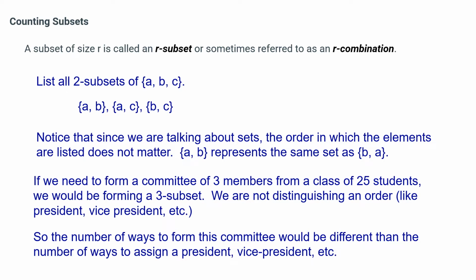So that's what's going to be different here than from permutations, because with permutations we'd be saying how many different ways can we pull out 3 members of this group and give them the offices of president, vice president, and so on. But we're not doing that. We're just saying you're either in the committee or not. So that's why it's just purely subsets.